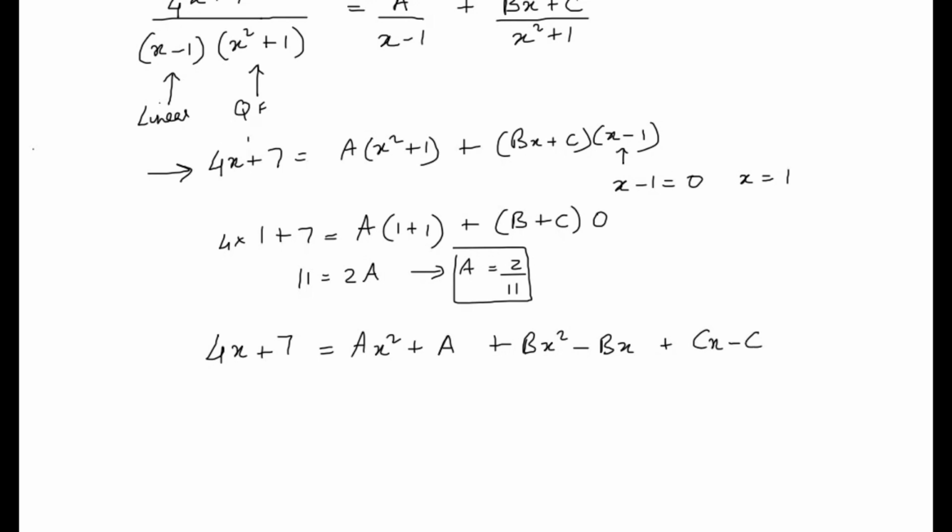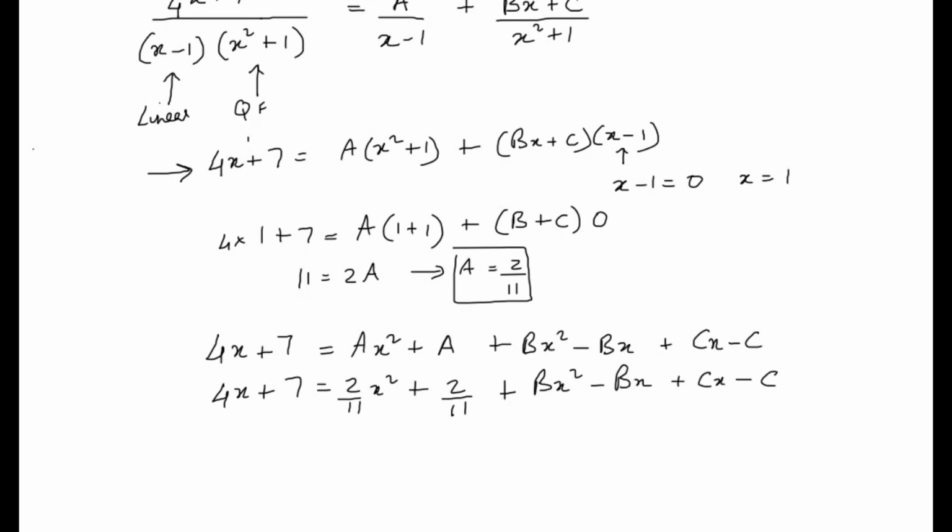We already know that a is 2 by 11. So 4x plus 7 is equal to 2 by 11 x squared plus 2 by 11 plus bx squared minus bx plus cx minus c.